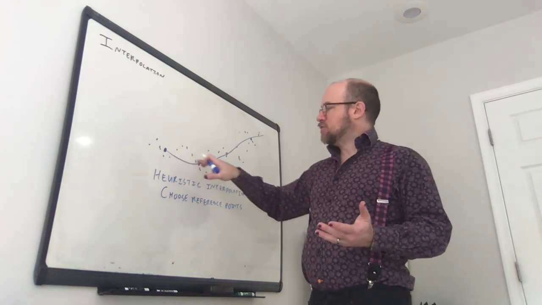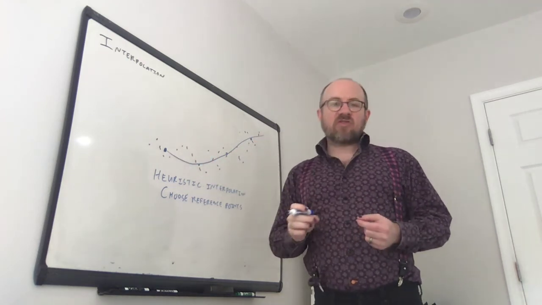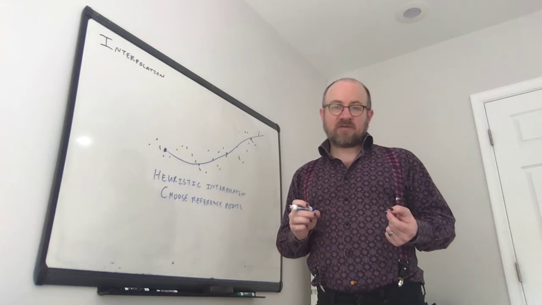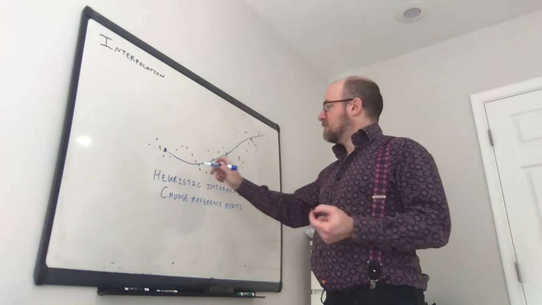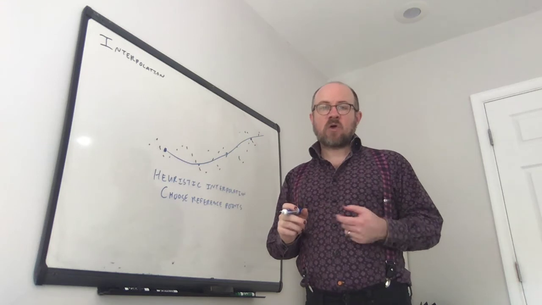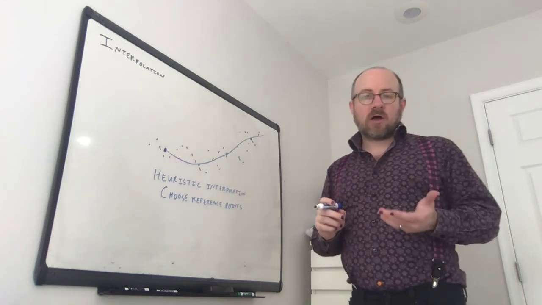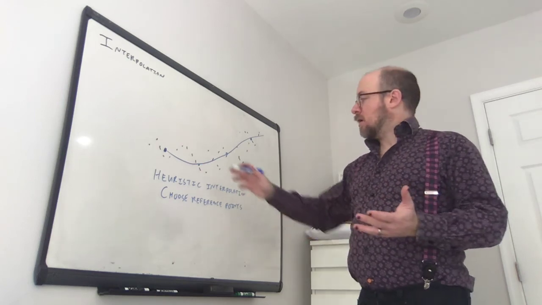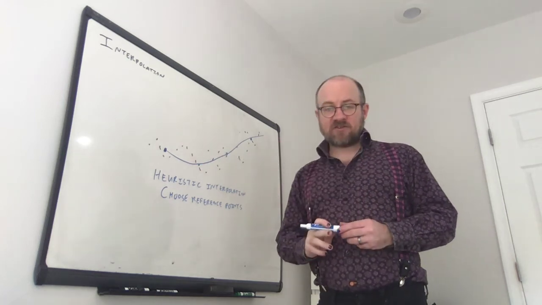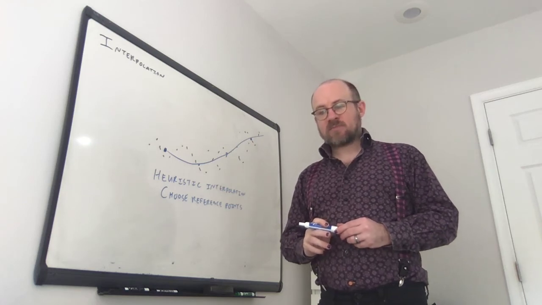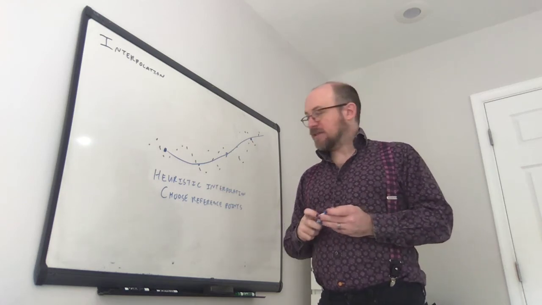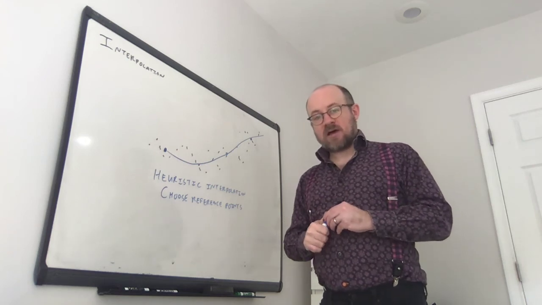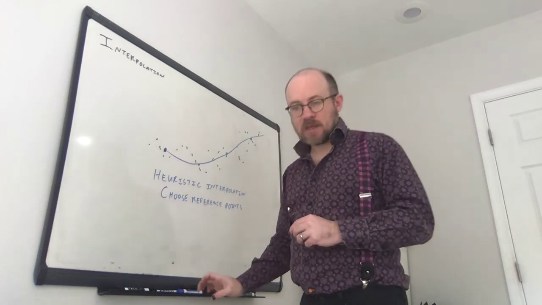So what you do is you choose these reference points, and then through those reference points, rather than the original data, you find some sort of interpolation curve, whether that's a spline or quadratic interpolation, whatever you want to do, find that through those reference points rather than through the original data points. And that can give you an interpolation that doesn't get caught up in all of the noise and get really chaotic. Okay? So that's the topic of interpolation. We'll talk more about kind of some of the details in class.